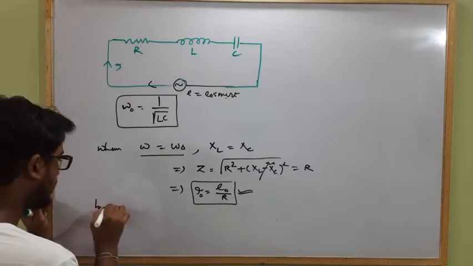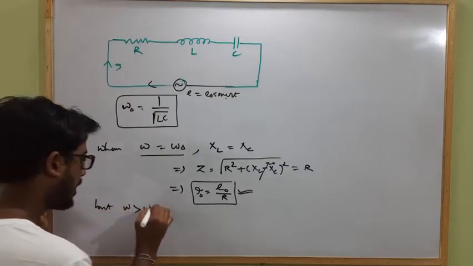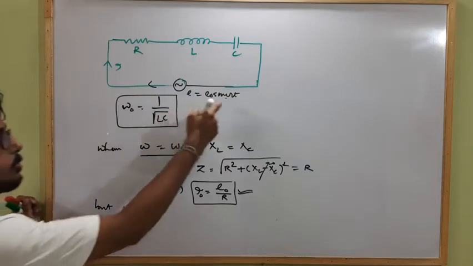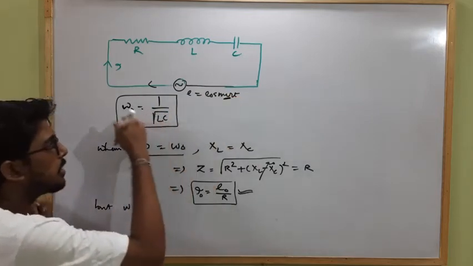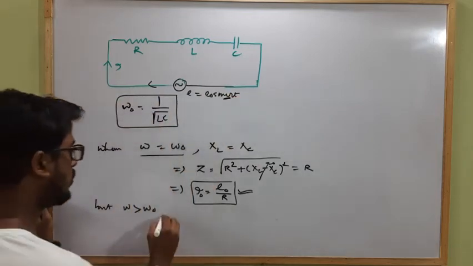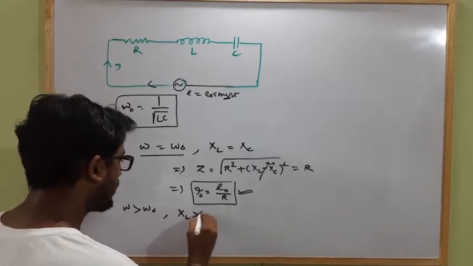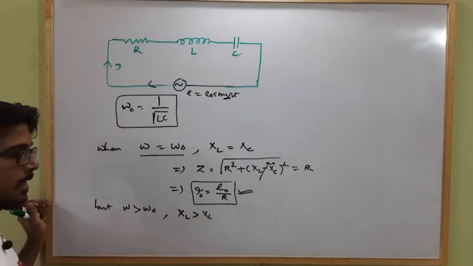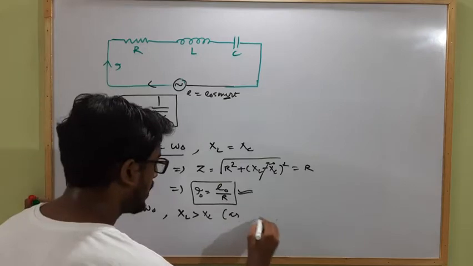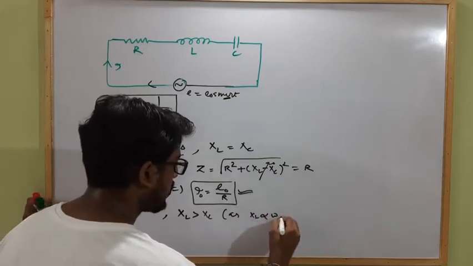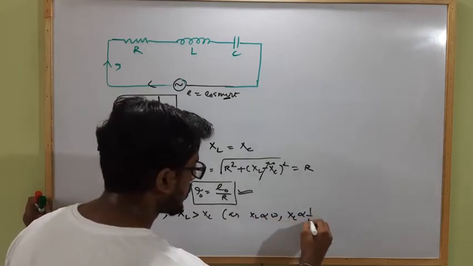But if omega, the output frequency, is greater than the natural frequency omega naught, then we will get XL greater than XC, as XL is directly proportional to omega and XC is inversely proportional to omega.